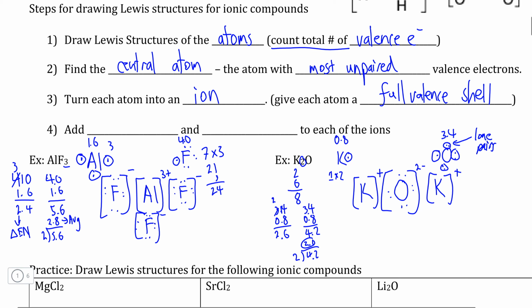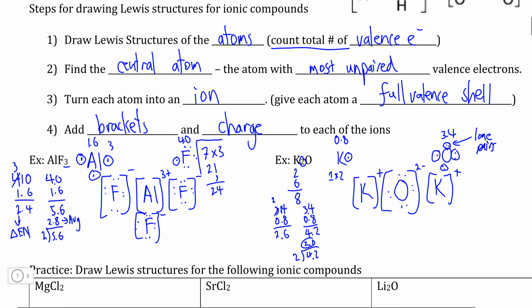Now you'll see that I've kind of combined steps 3 and 4, where we add the brackets around the ion and the charge to indicate the number of electrons lost or gained, but once this is done, we can begin our final check.